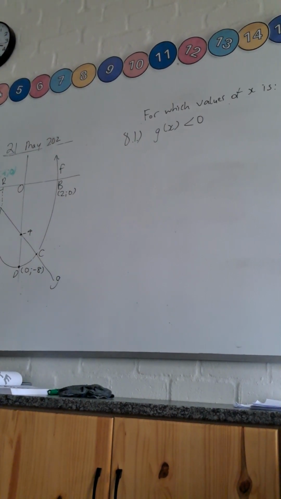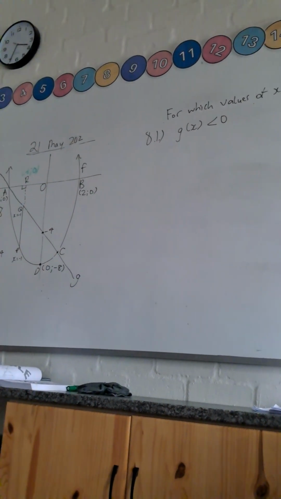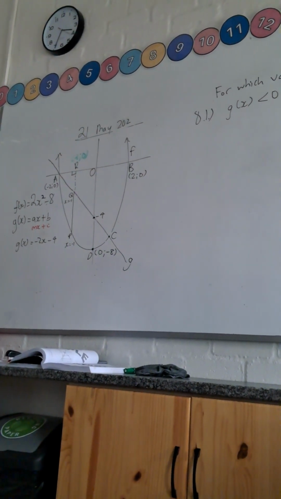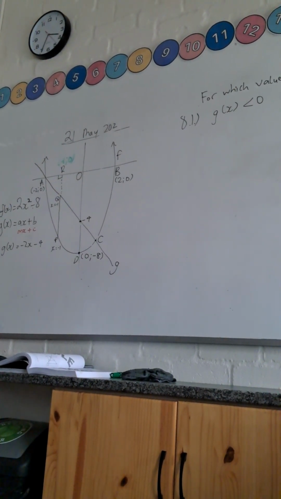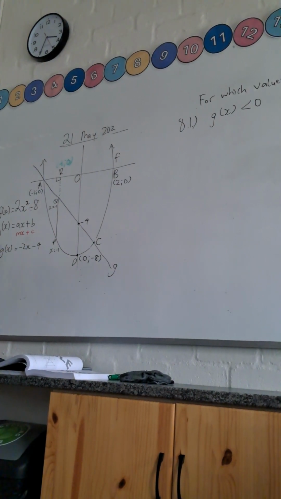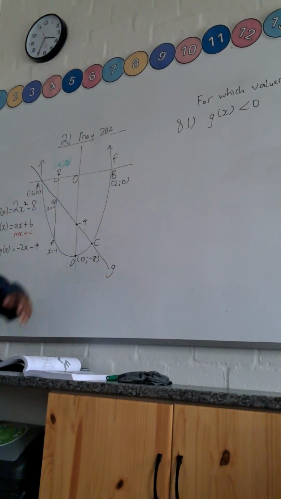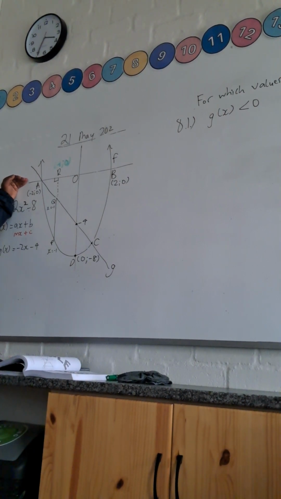So for which values of x is g of x, which function is g of x? Sophia, which function is g of x? Straight line. So they're asking you, where is the straight line negative? With these questions you're comparing everything to the x-axis.